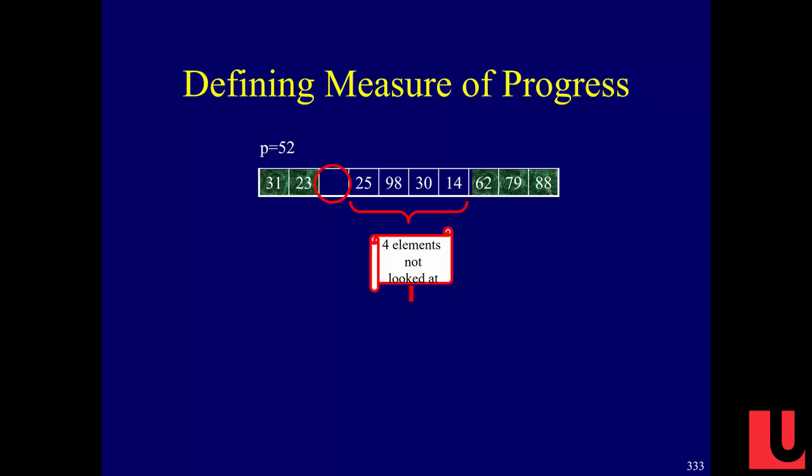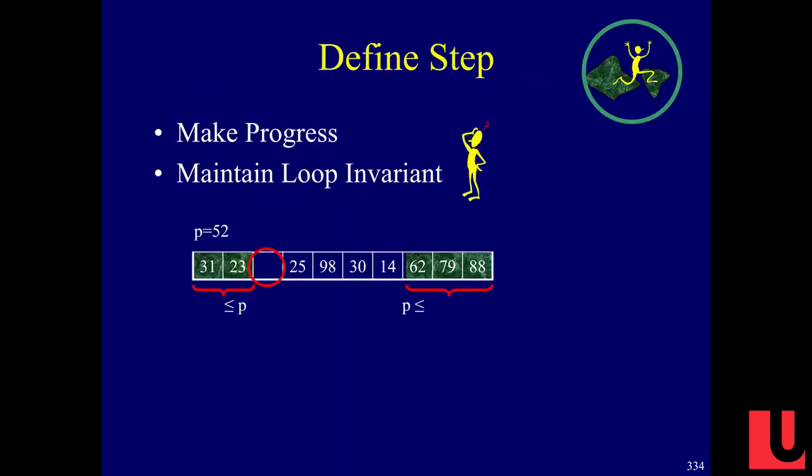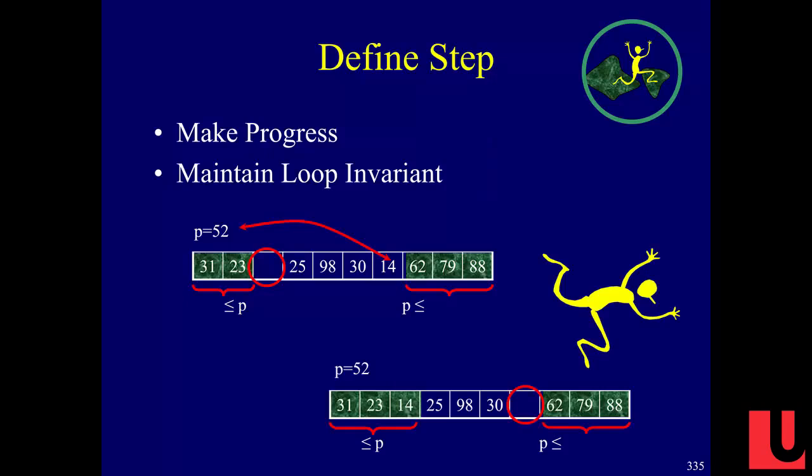So instead, we're going to compare the 14. Why? If the 14 is smaller, we put it in the hole where it belongs, and it creates a hole here. And if the 14 is bigger, we leave it where it is. Pretty nice. So that's what we do.